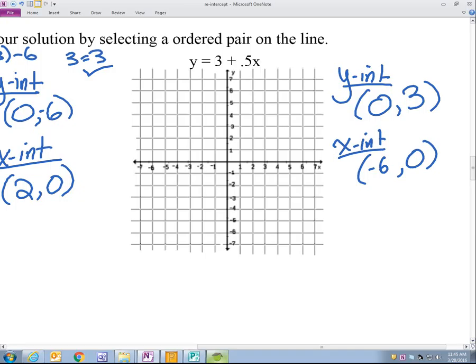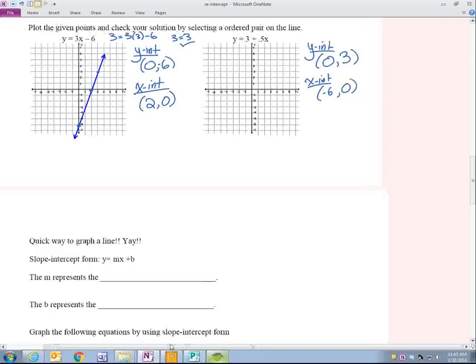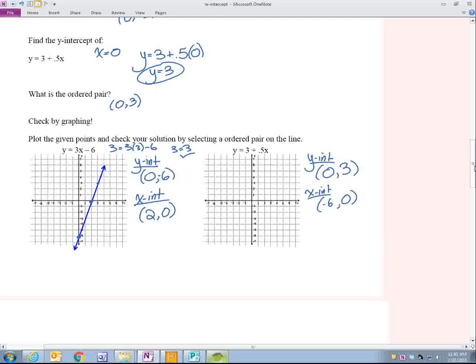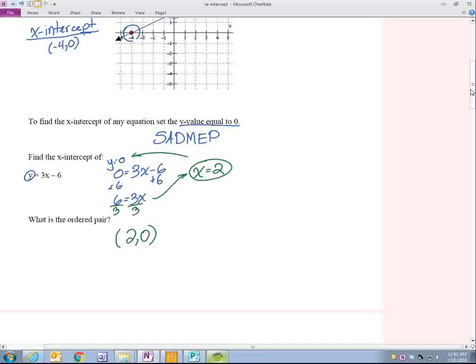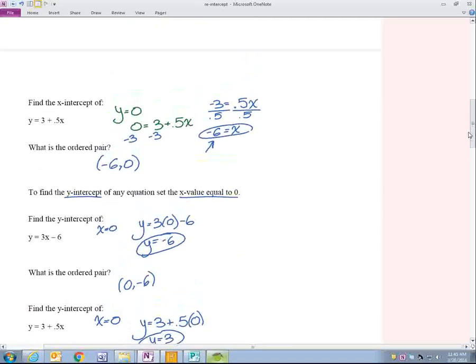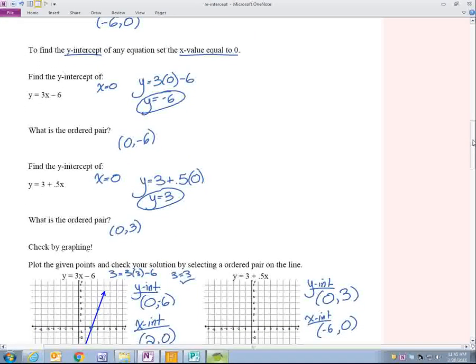And for those of you who are not back into school mode, still wishing it was spring break, here is where we got these numbers. We got the y-intercept for 3x minus 6 over here. The x-intercept is at the bottom, from the previous pages of the notes.